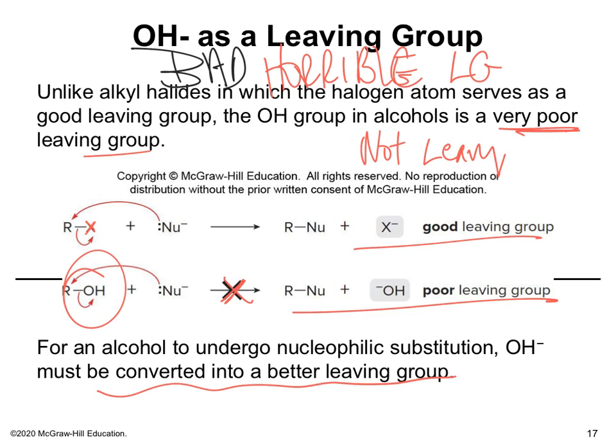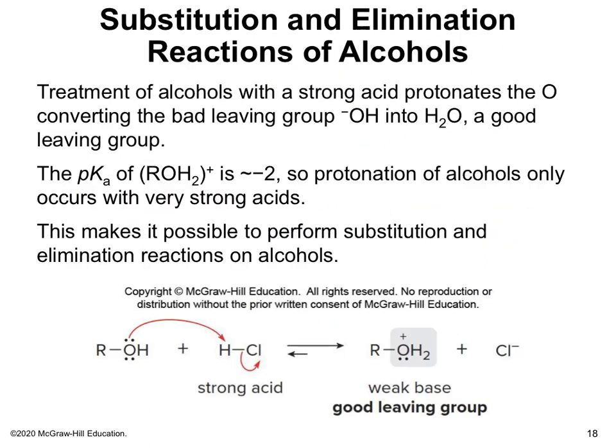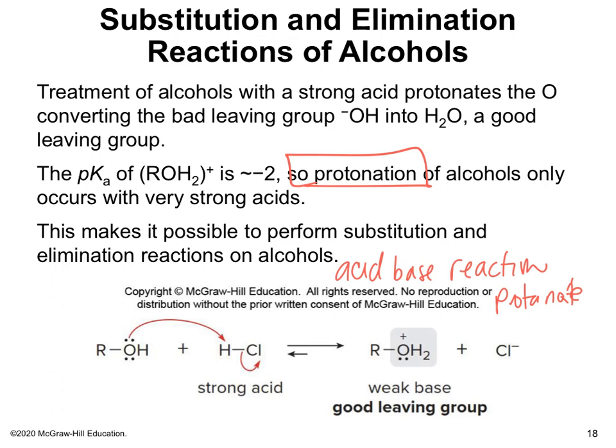So now you're going to learn a series of reactions in order to make alcohol into a good leaving group. One of the ways is to protonate it. So you can do an acid-base reaction, and this is called protonate. You can protonate your alcohol.